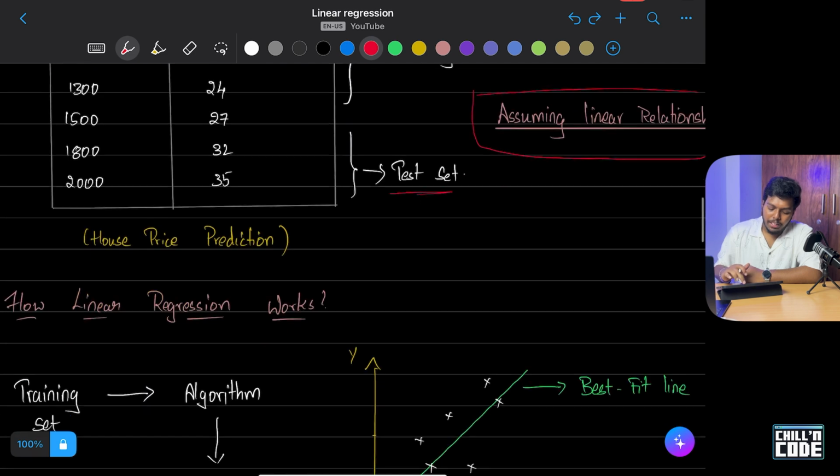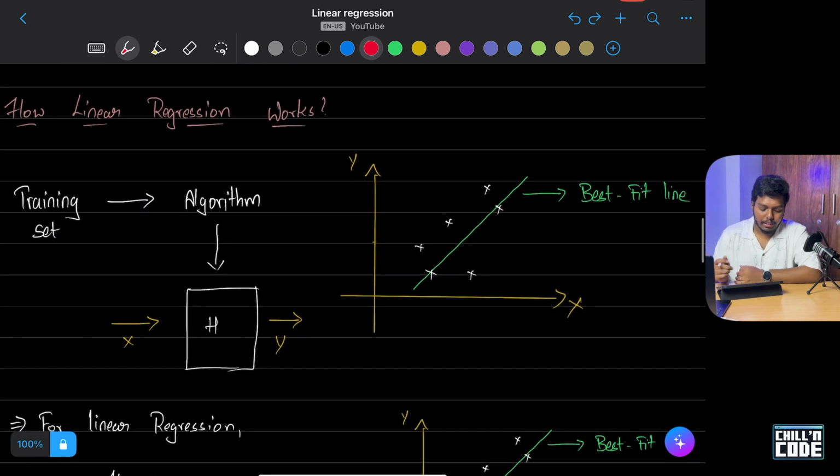Now let's briefly see how linear regression works internally. Initially, we pass the training set to our algorithm, which in this case is the linear regression algorithm, and it analyzes the values we provide. What we provide as the training set is an input and an output; we send it a feature and an output.